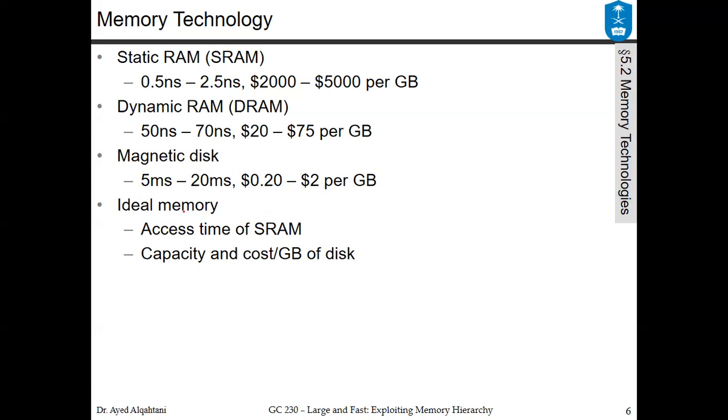The ideal memory that we are looking for should have the access time of the SRAM, which is very fast, and the capacity and the cost per gigabyte of a magnetic disk. And to be able to get the best of both worlds, as we said, we do the memory hierarchy.